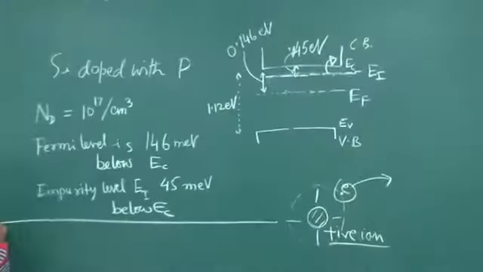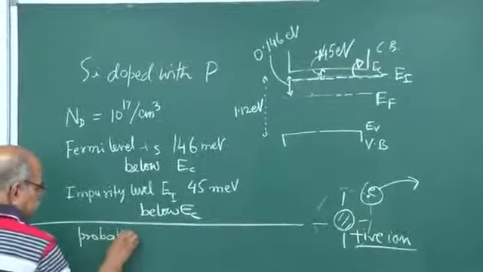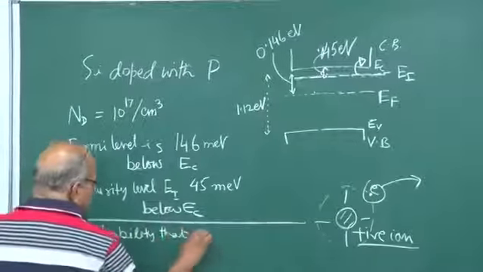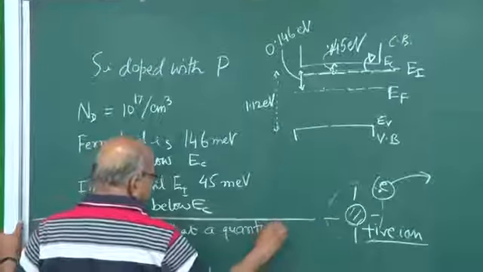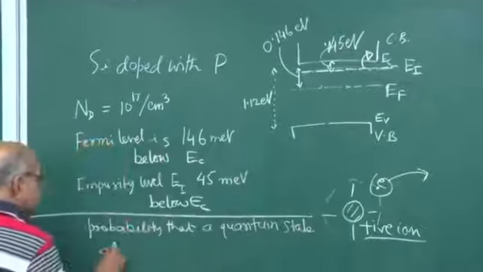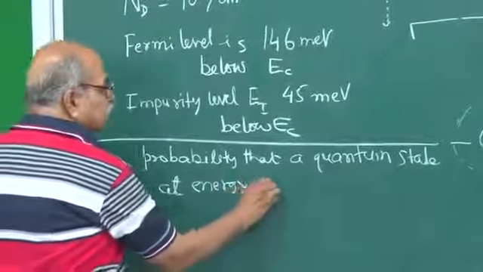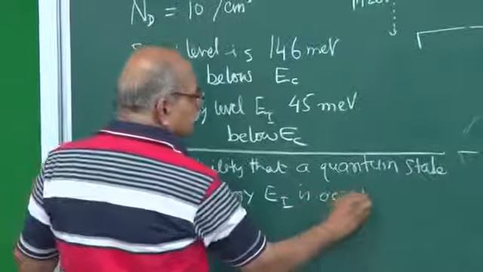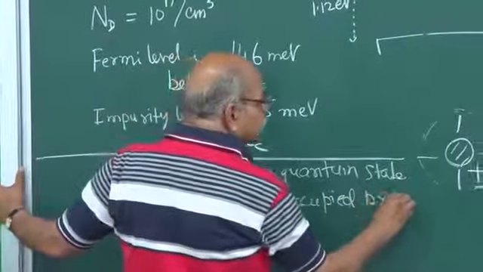So, the probability that a quantum state at energy EI is occupied by an electron.